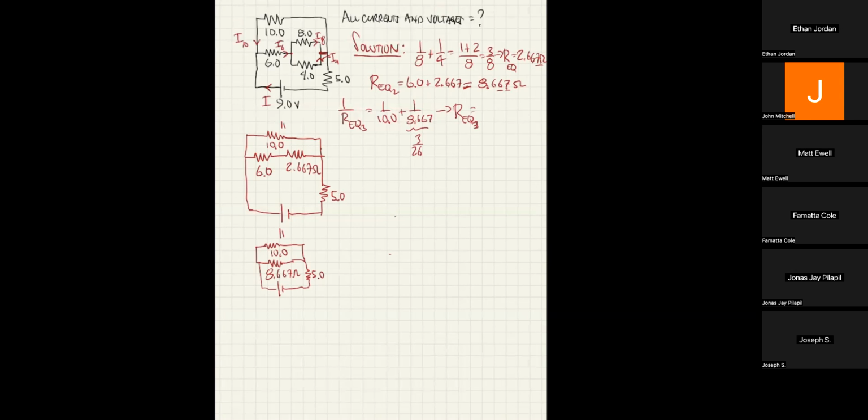All of that gives me 0.21538. And now I can flip that over by raising it to the -1 power. And that gives me 4.643 ohms.